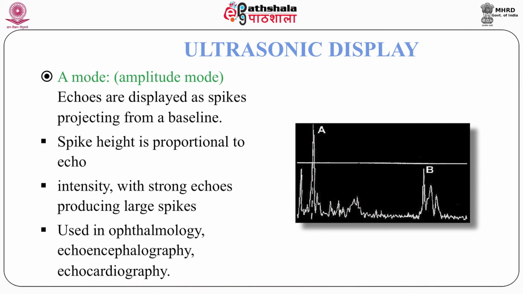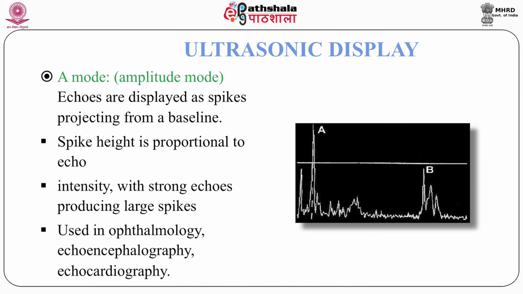As you can see here in this figure, in A mode echoes are displayed as spikes projecting from a baseline. The baseline identifies the central axis of the beam. The height of the spike is proportional to the intensity of the returning echo, with a strong echo producing a large spike.